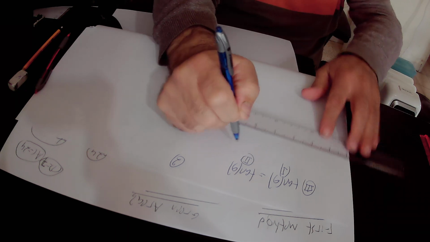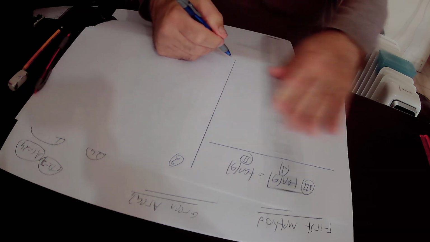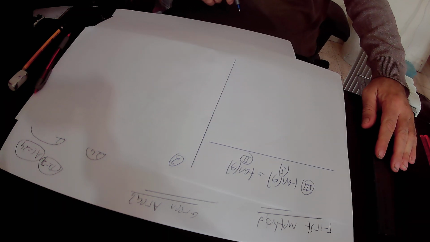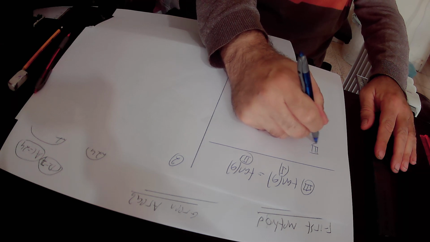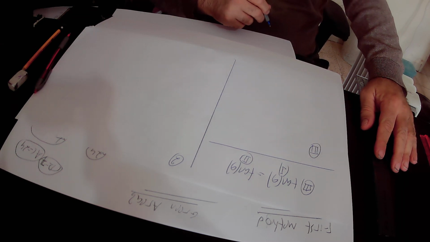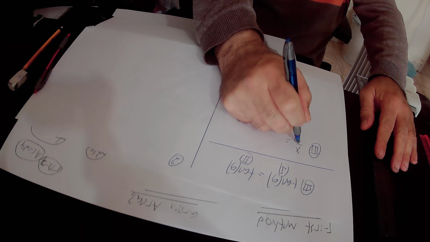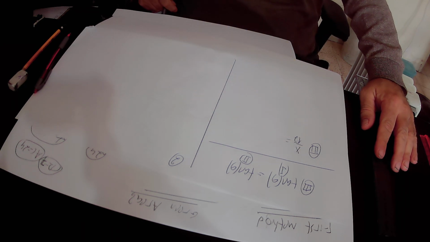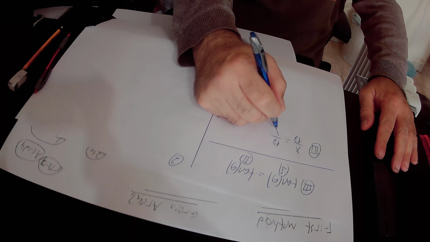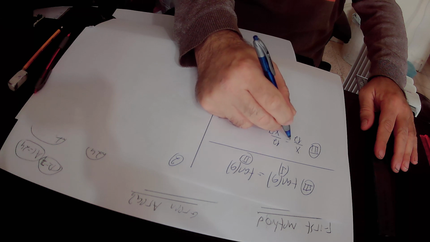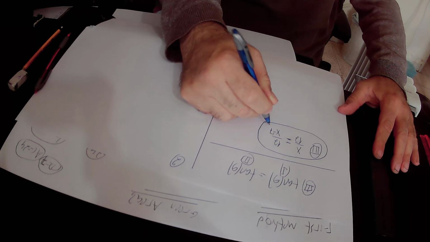That is to say, tangent alpha according to equation number 1 is equal to x over 12, and it must be equal to tangent alpha according to equation number 2, that is equal to 12 over x plus 7. Conclusion: according to equation number 3, x over 12 equals 12 over x plus 7.